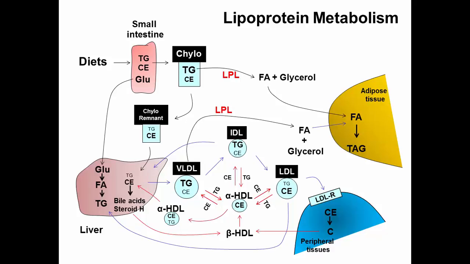The liver picks up the cholesterol esters and triglyceride from alpha HDL, getting rid of the excess from the peripheral tissue, and alpha HDL is converted back to beta HDL once the cholesterol and triglyceride are picked up by the liver.